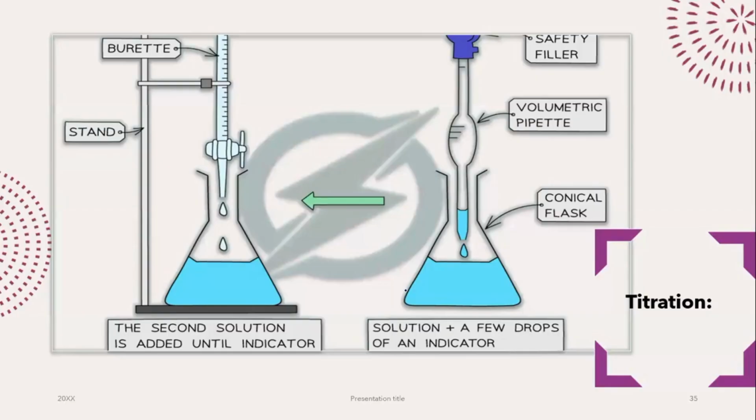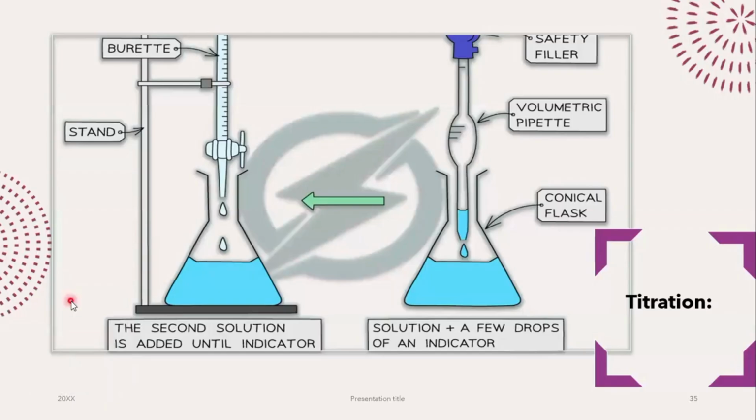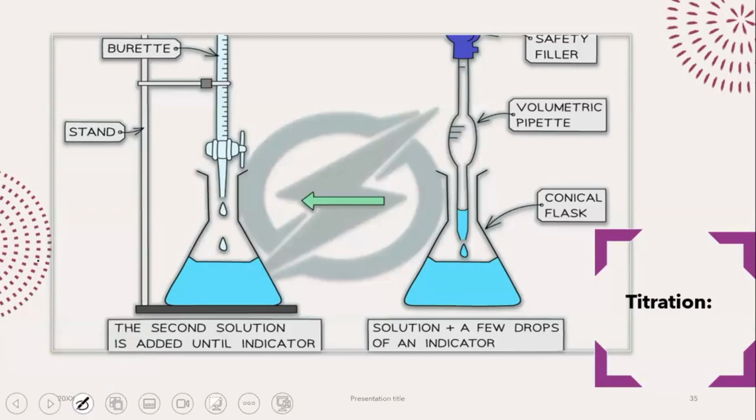You get mole calculations on it. So titration is generally done when I do not know the concentration of an acid or an alkali. Doesn't matter. If I do not know the concentration of an acid or an alkali, I am going to be performing titration. How is titration done?